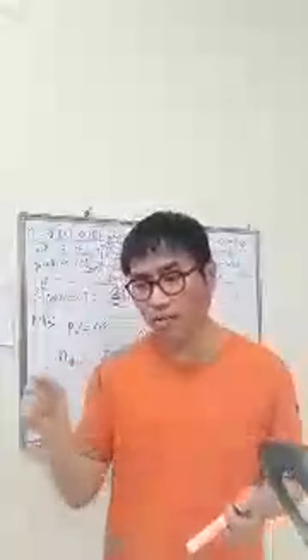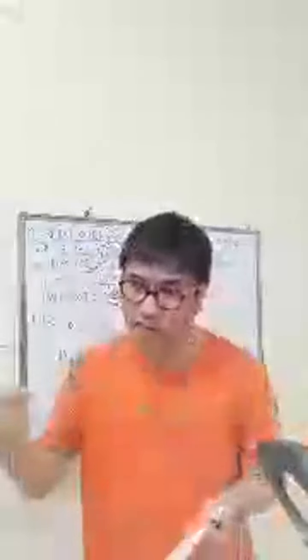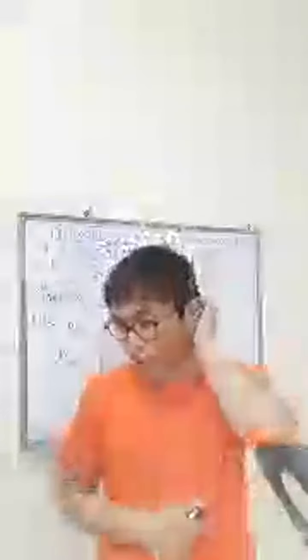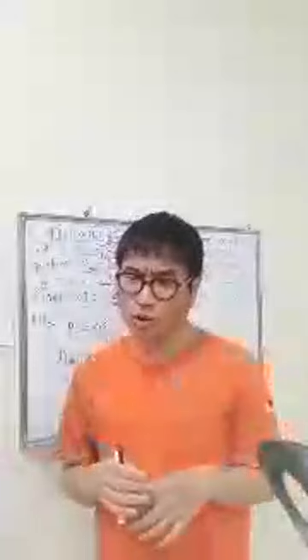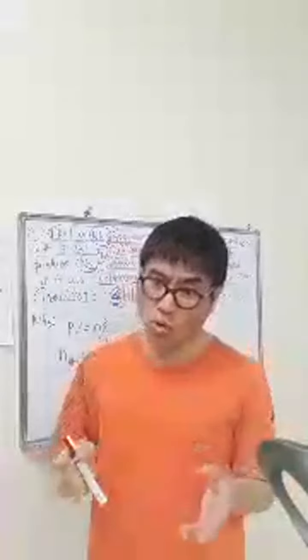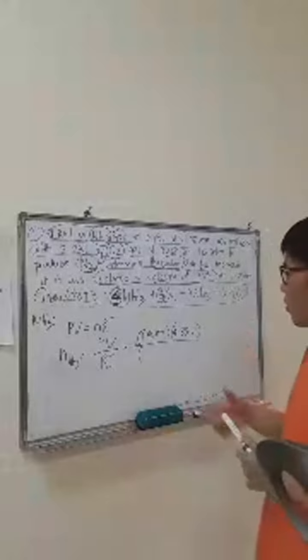When you speak of liter atmosphere, it looks a bit confusing. It's not practical in thermodynamics to use that kind of unit, because thermodynamics always refers to joules, calories, BTU, like that. But in this case no problem because this is general chemistry.